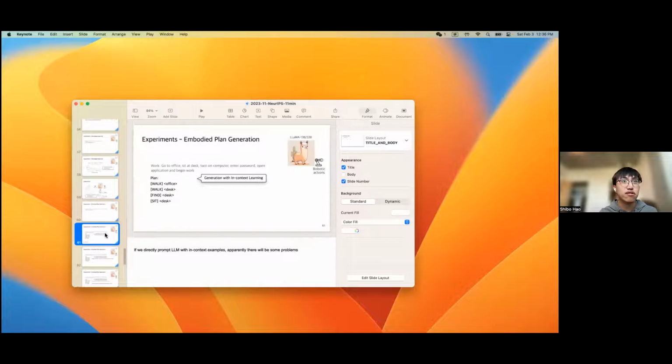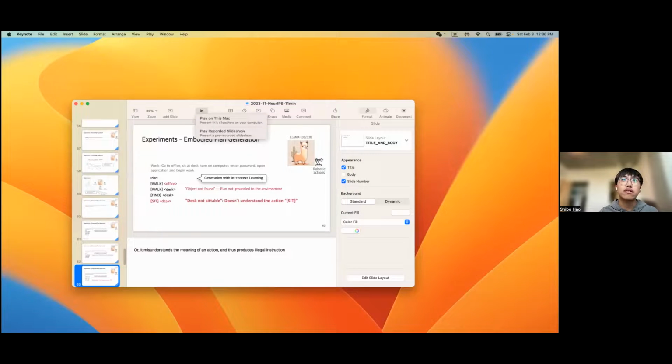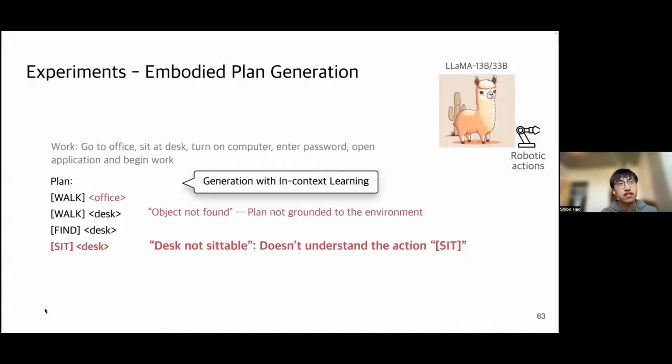Maybe this example I mentioned is relevant. In this case, it may appear reasonable to predict seat desk at this step, but you cannot determine whether that is a good instruction just based on the surface text. You only need to experiment with the environment and say, okay, this seat actually means sit on. So you should sit on the chair instead of sit on the desk.